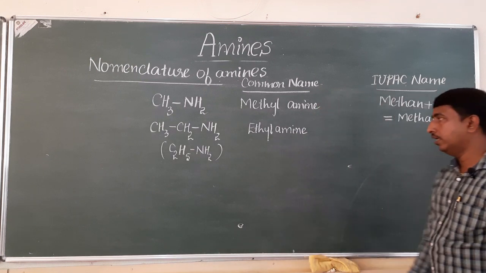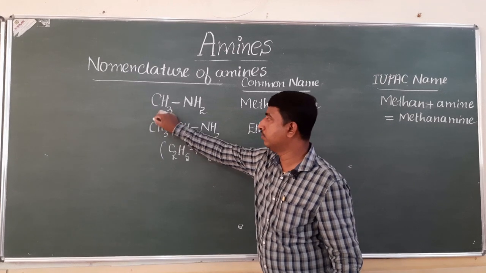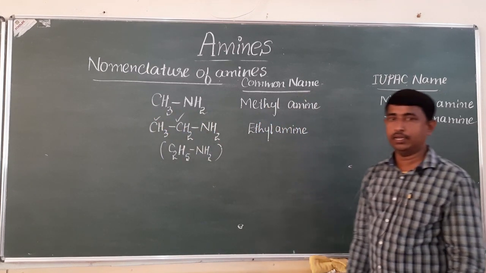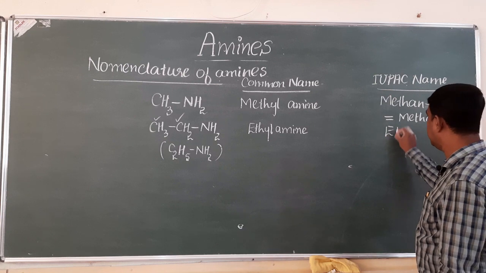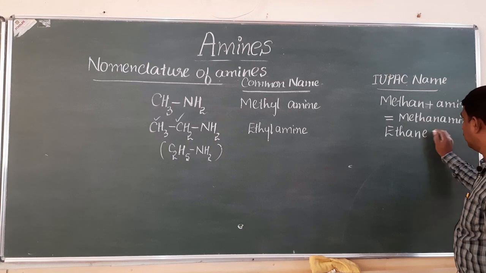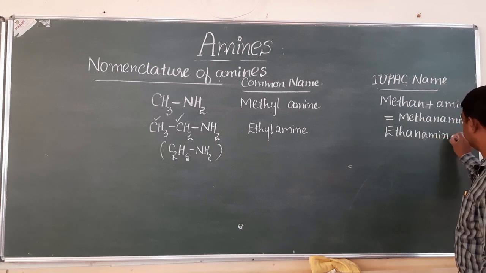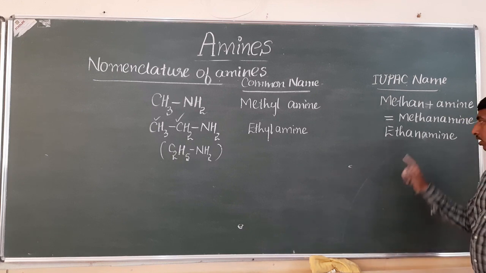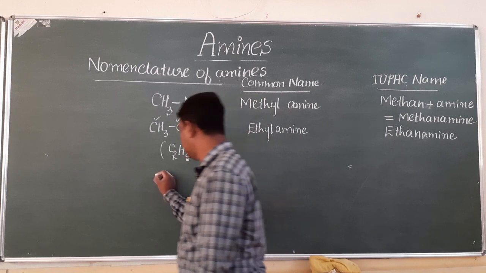For the IUPAC name, count the number of carbon atoms. There are 2 carbon atoms, so the alkane is ethane. I replace the E by amine, so the name becomes ethanamine.